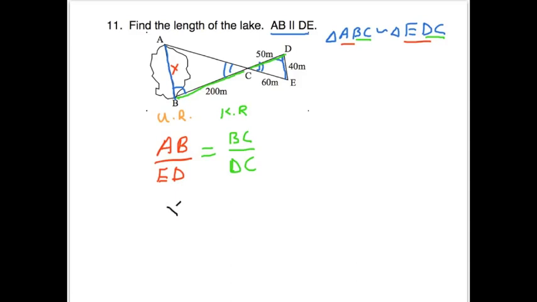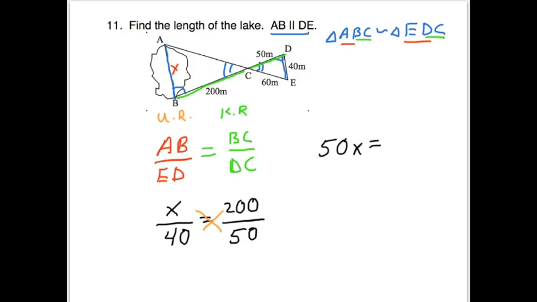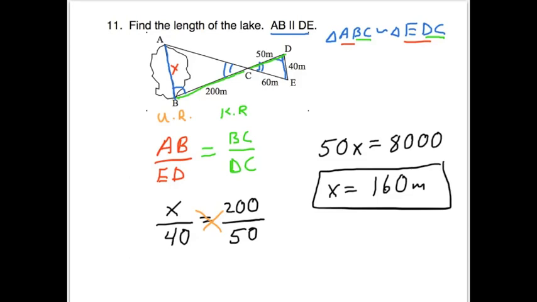AB is unknown, let's call it x. ED is known, it's 40 meters. And that equals BC, which is 200 meters, divided by 50 meters. And so now we'll solve for x using cross multiplication. So the lake is 160 meters across.